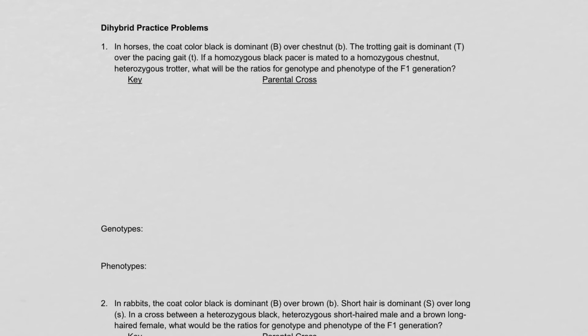All right, so here's some more practice dihybrid problems. In horse color, black is dominant over chestnut. So make the key. And trotting gait is dominant over pacing gait.